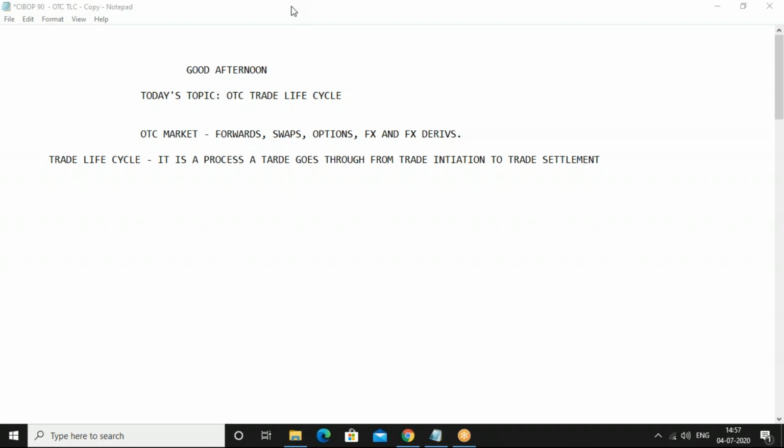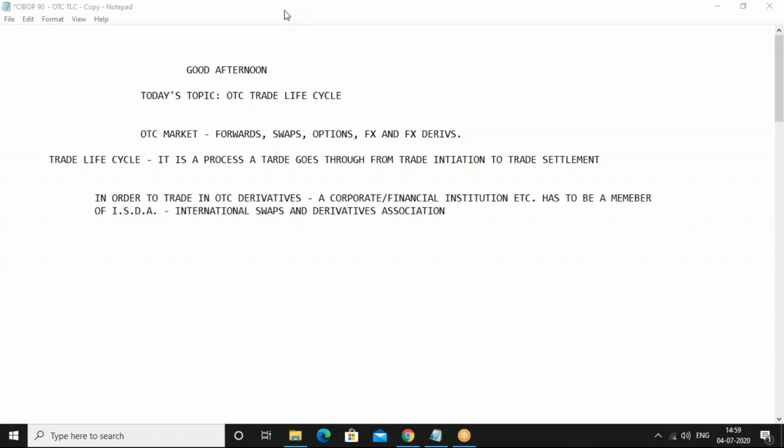Now, in order to trade in the OTC derivative market, a financial institution or a corporation has to be a member of an organization called ISDA. ISDA stands for International Swaps and Derivatives Association.